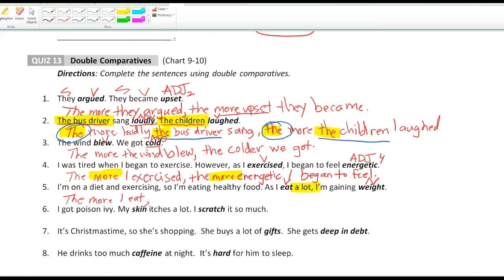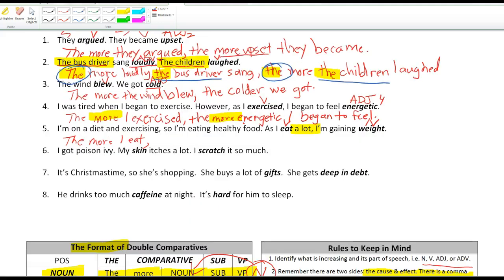Okay, so let's try that. The more, and then the increasing noun, that's weight. Oops. Okay, my pen's not working. Subject, I. Okay, here we have the present continuous.